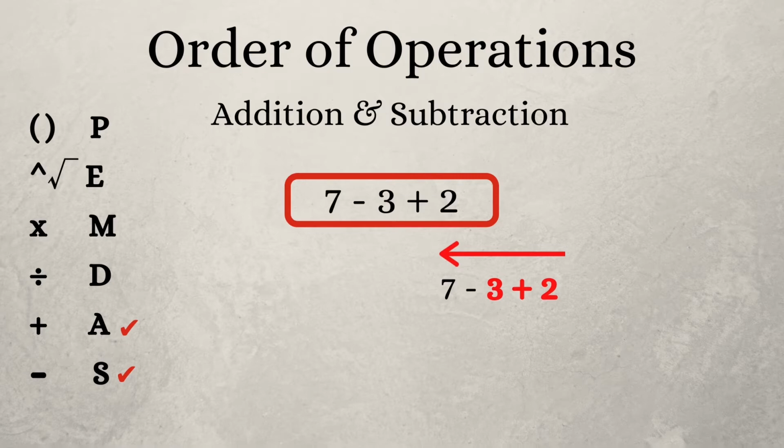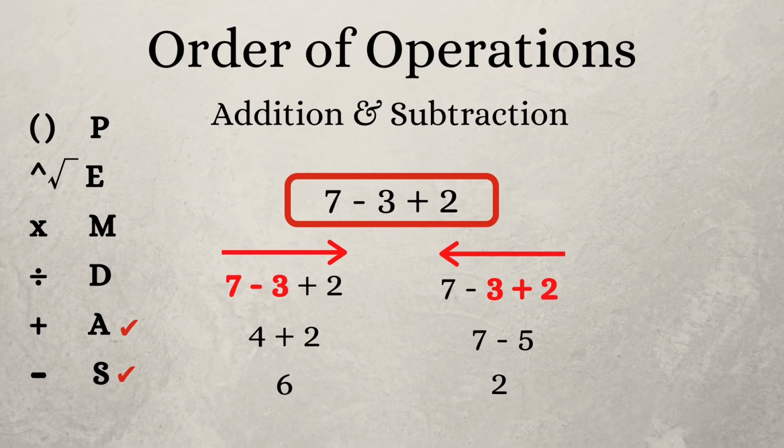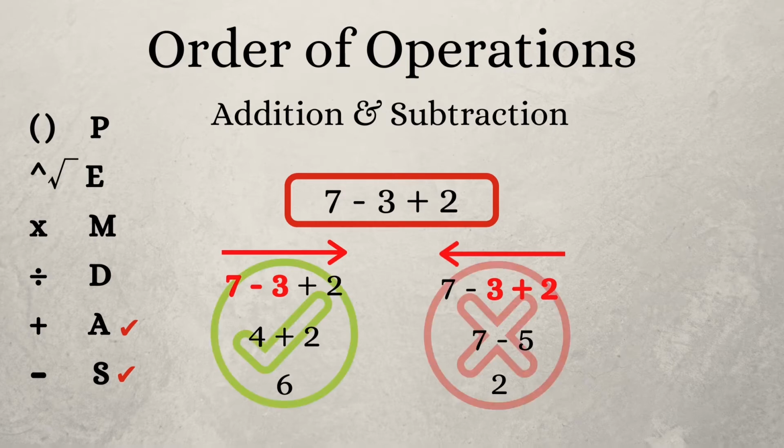So first we add 3 and 2 to give us the result of 5, which is then subtracted from 7 to give us the result of 2. Putting it both together, we can find that we get two different answers. So to avoid any confusion, we have the general rule that when we have operations of equal importance, we need to move from left to right.